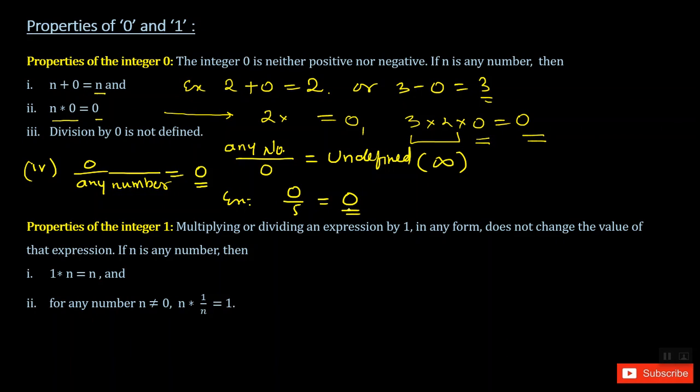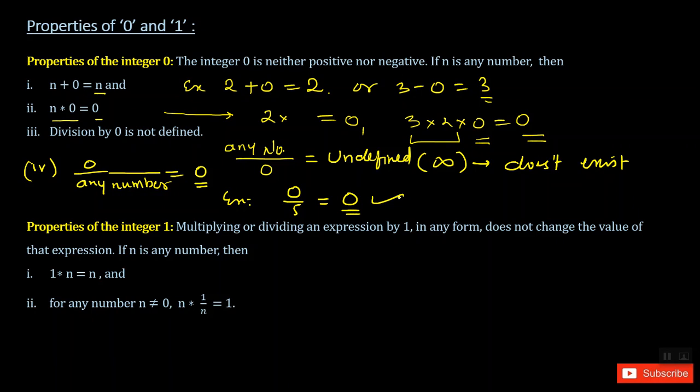Okay, so any number divided by 0 is undefined or does not exist. We can also say this condition as doesn't exist, and 0 divided by any number, the result is always going to be 0. This is the reason 0 and 1 are very important digits in math.